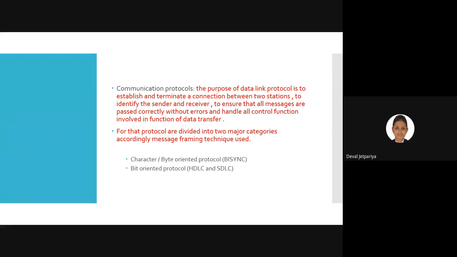Fine. Now we just need to discuss this in brief. If we want to have serial communication, which layer is working and how it can establish that particular communication? You can see here what a communication protocol means and how that protocol works. The purpose of our data link layer, or data link protocol, is to establish and terminate a connection between two stations.